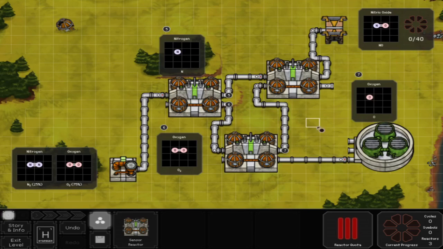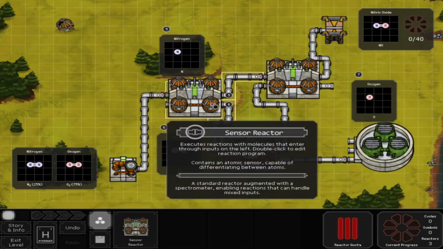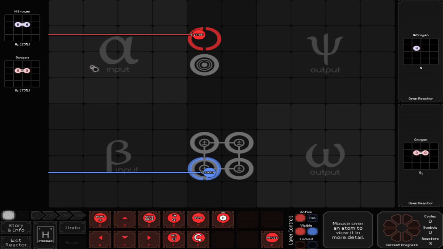Now, kind of a strange setup, but basically what's going to happen is this reactor is going to separate the nitrogen and the oxygen gases. So that way I have standardized inputs going into the other 2 reactors. I know what's going to come in, so I know exactly what I can do with them.